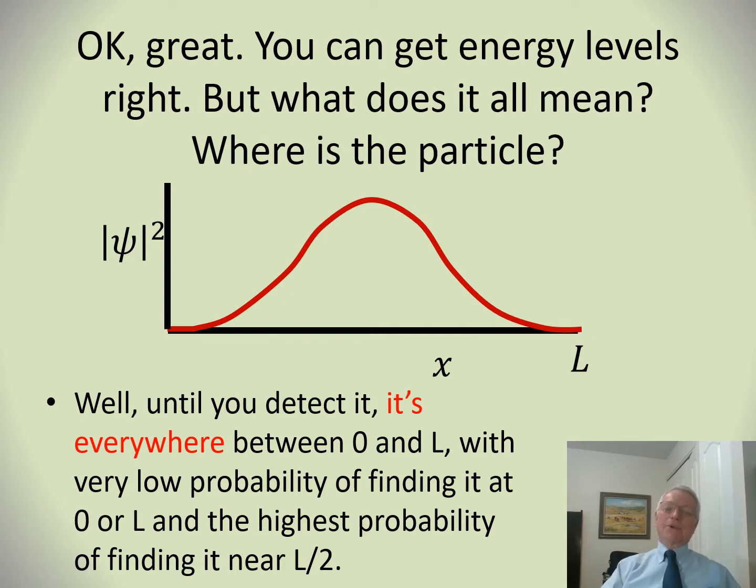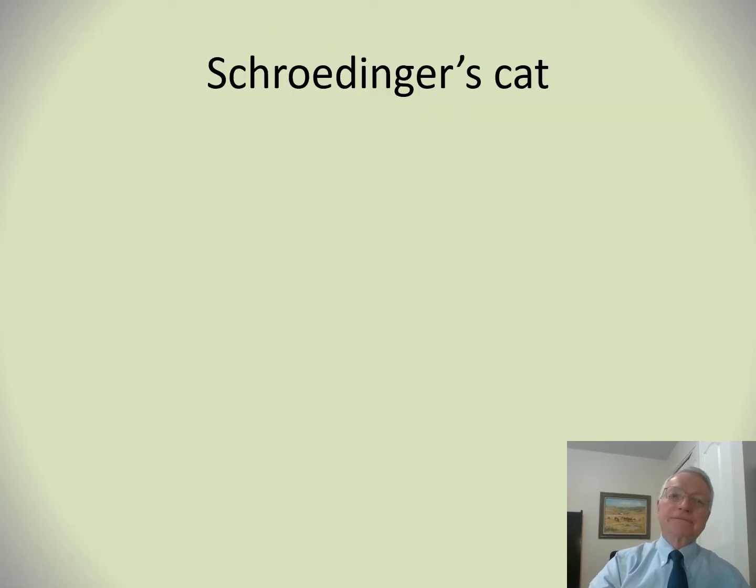You can't tell where it is until you detect it. It has the highest probability of being found at about L over 2, and no probability of being found right near the edges of the box. But until you detect it, you don't have any idea where it is.